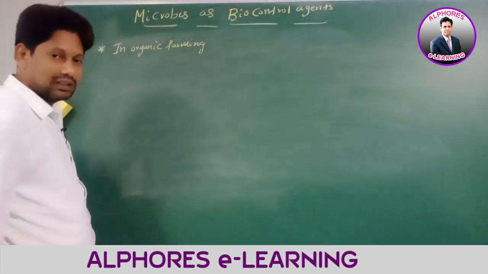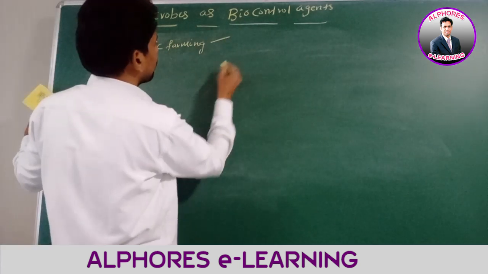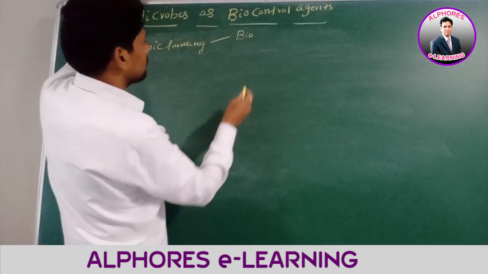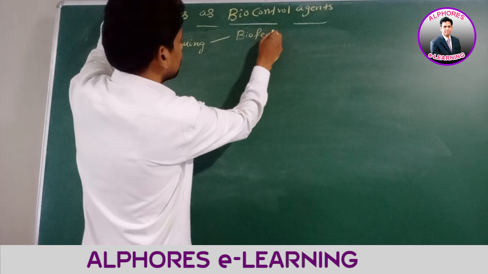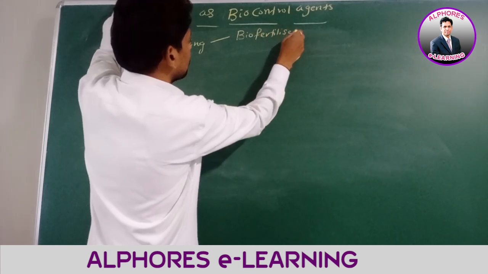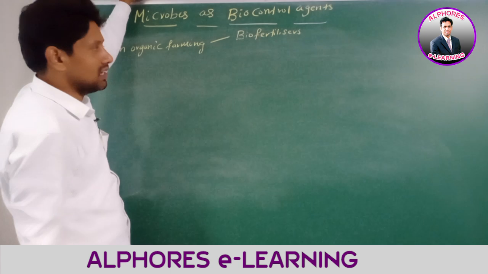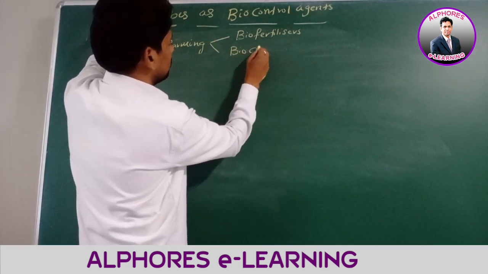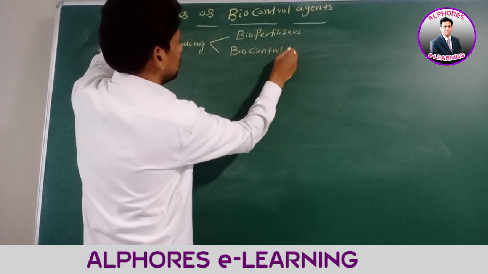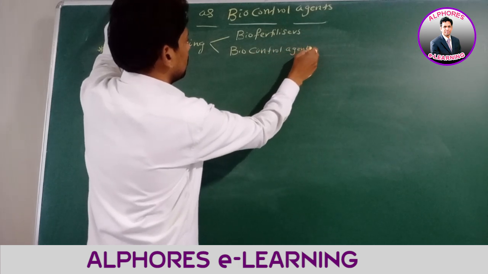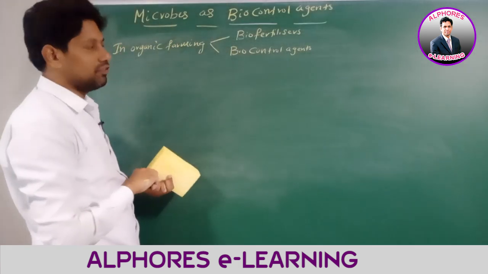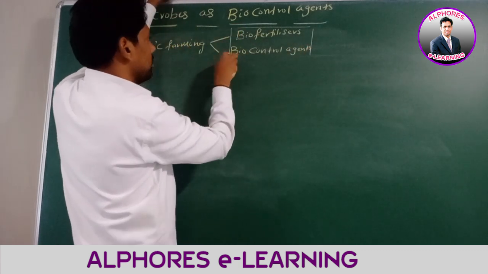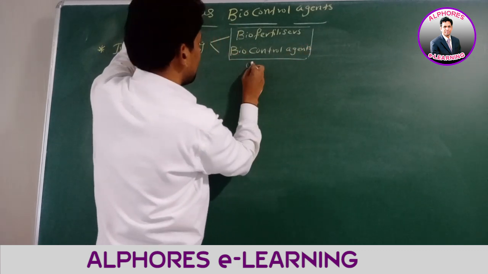In organic farming, biofertilizers are used. Biocontrol agents are used. In organic farming, what and what are used, sir? Biofertilizers and biocontrol agents are used.